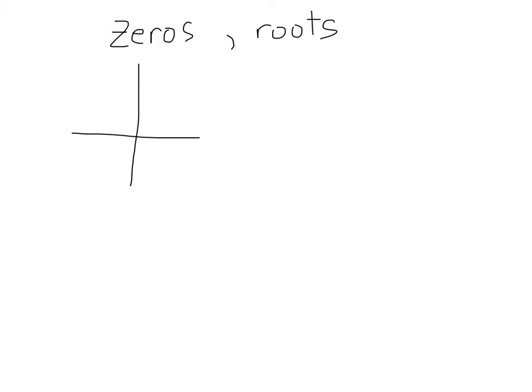On this slide, I'm going to talk about what they call the zeros of the function. They're also called the roots of the function. Now, if you look at a graph, let's say this is my graph. The zeros, or roots of the function, will be right here and right here.